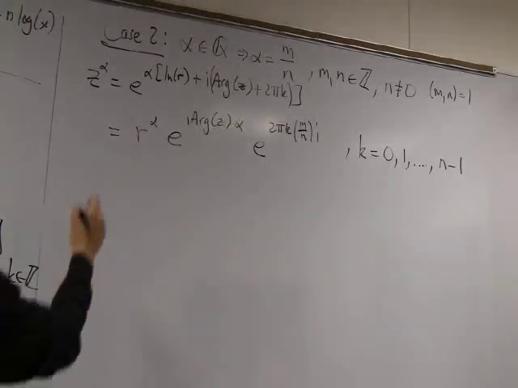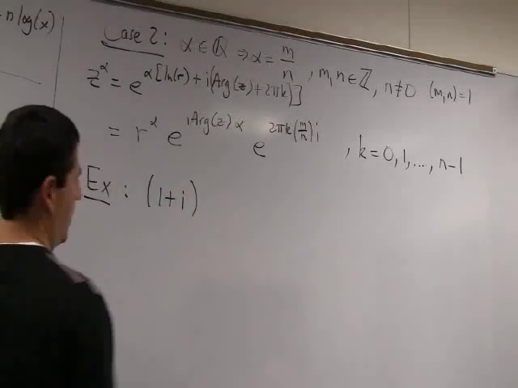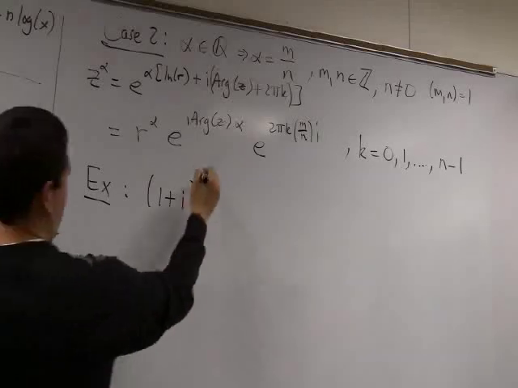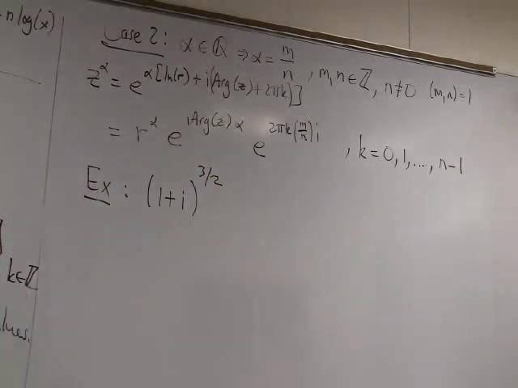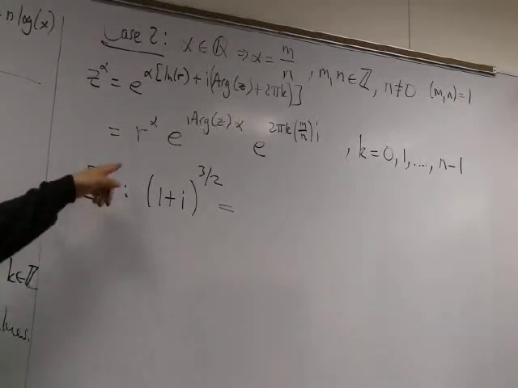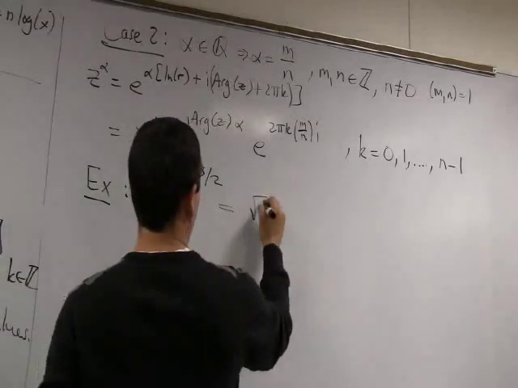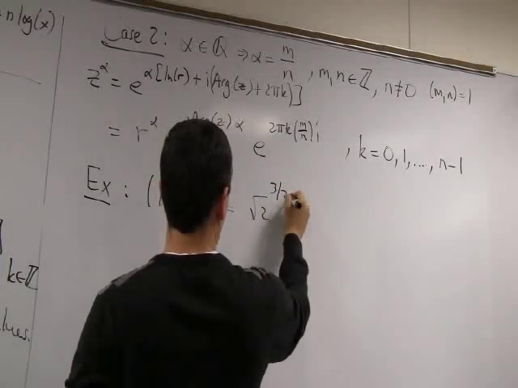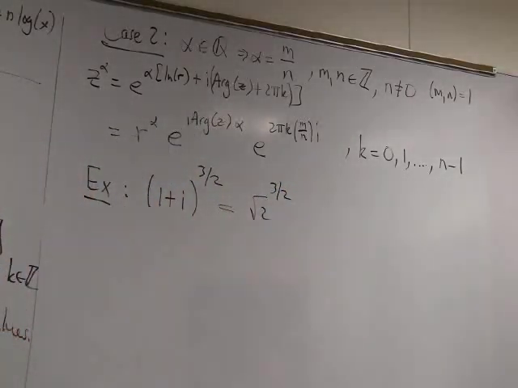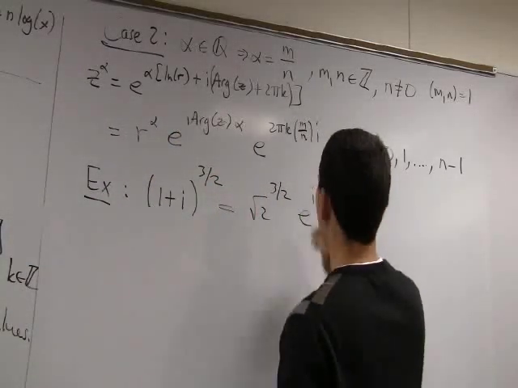Okay, so let's do another example. Let's do 1 plus i to the 3/2 power. Now we're raising it to a rational number. Again, you need the r, but we know the r. That's root 2, and now it's raised to alpha, which is the 3/2 power. And then we need e to the i times the argument.